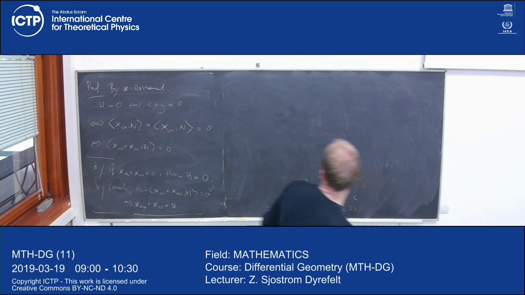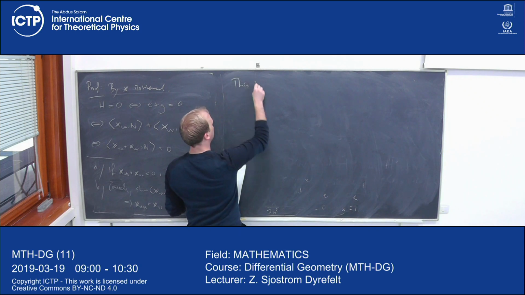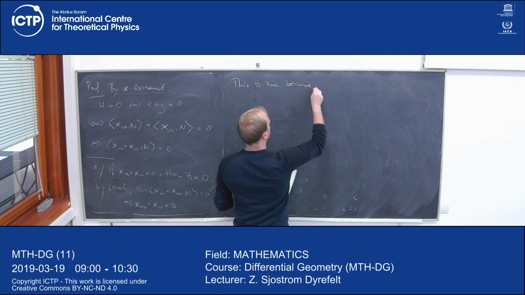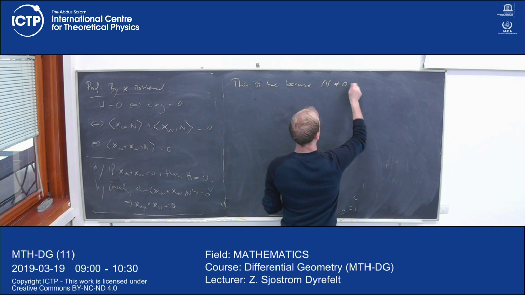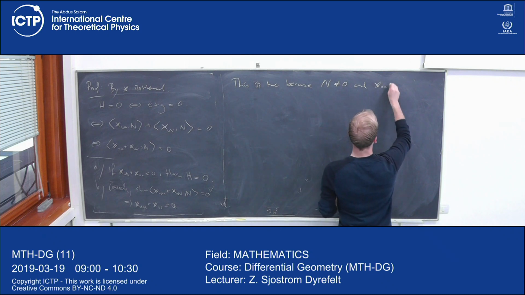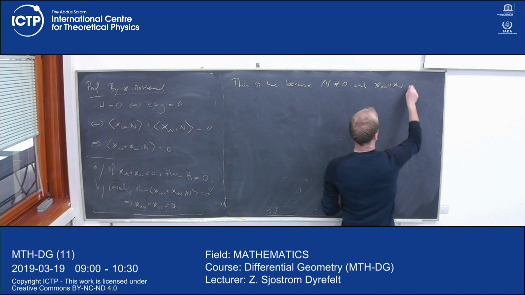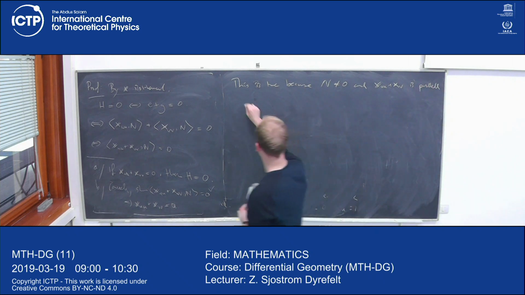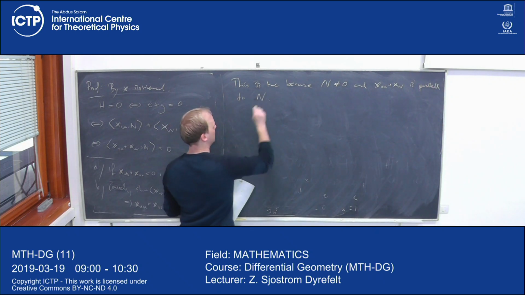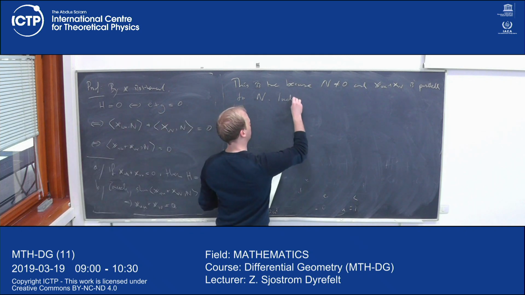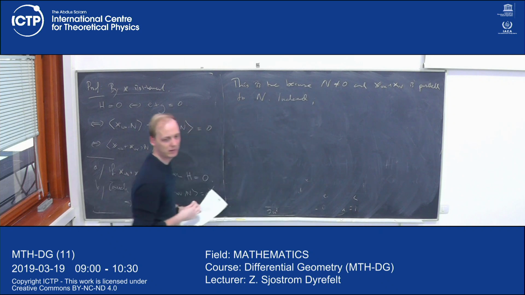So this is true, because n is not 0, of course, and x_uu plus x_vv is parallel to n. Okay, why? Indeed. Let us see why this is.